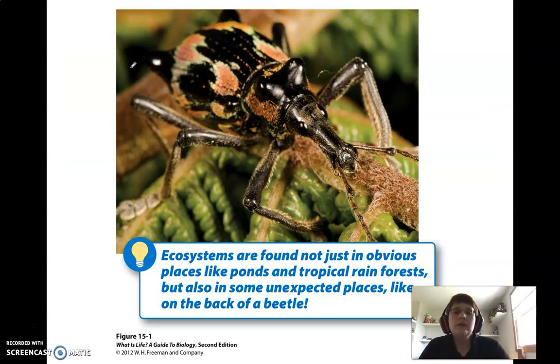So this beetle that we're looking at in this picture could actually be an ecosystem, because that beetle is going to be carrying around things like microbes and possibly parasites. So you can have small little ecosystems because there's also going to be abiotic parts, the temperatures and so forth that are going to influence the ecosystem that's on this beetle.